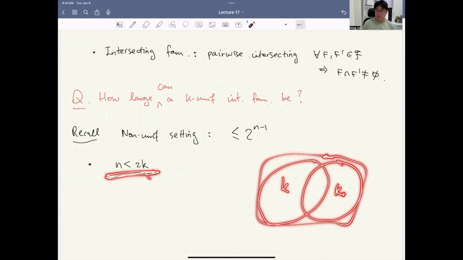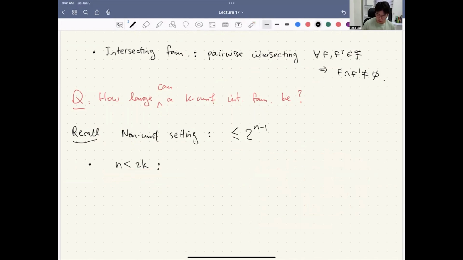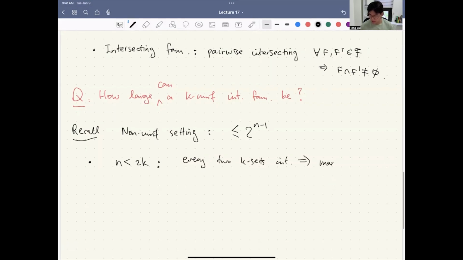So all k sets are intersecting. Then every two k sets intersect, and we get max size n choose k, everything.